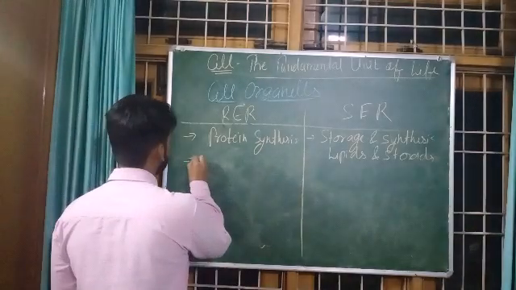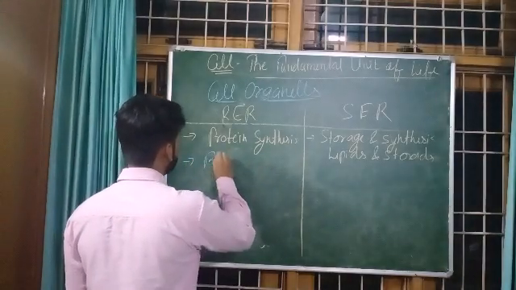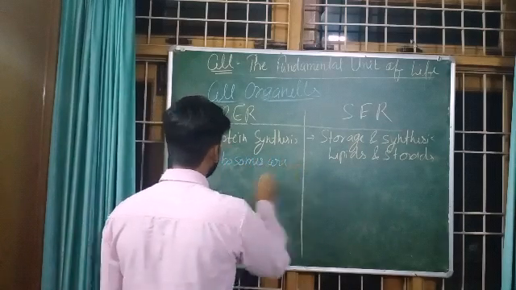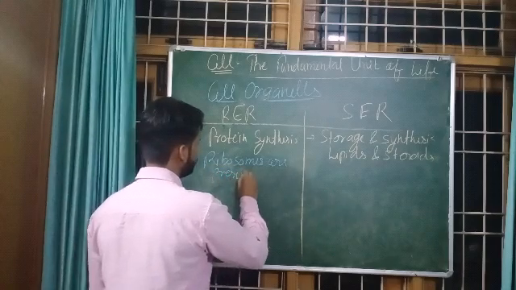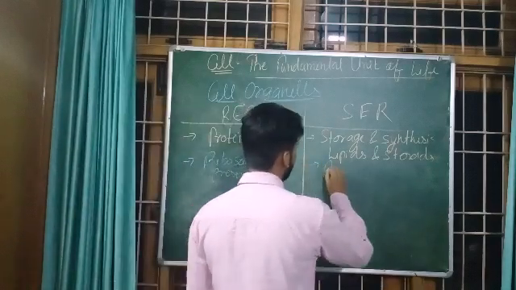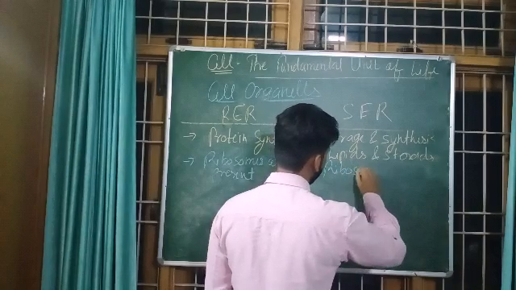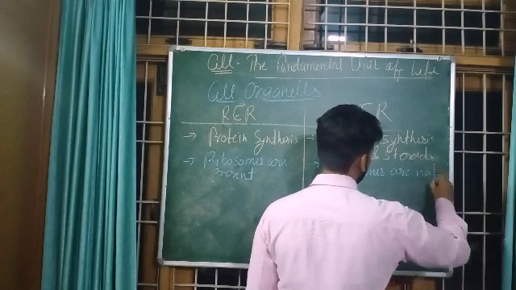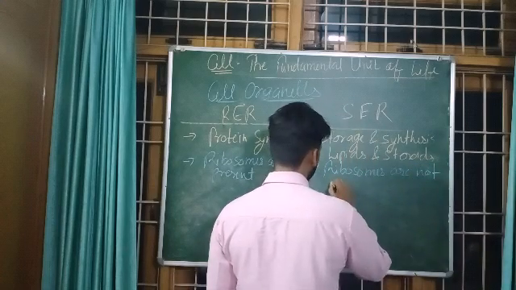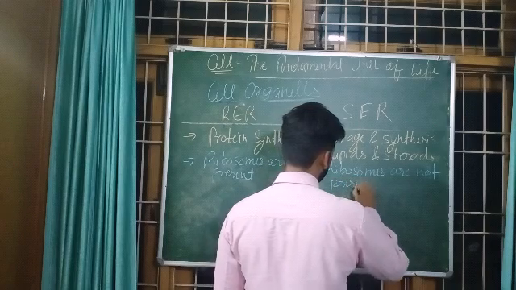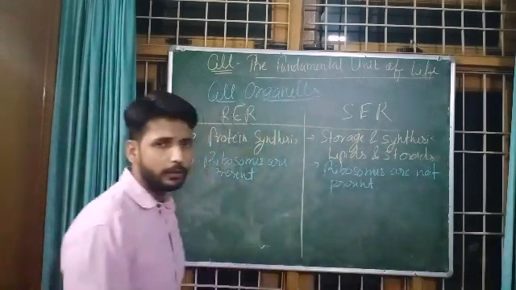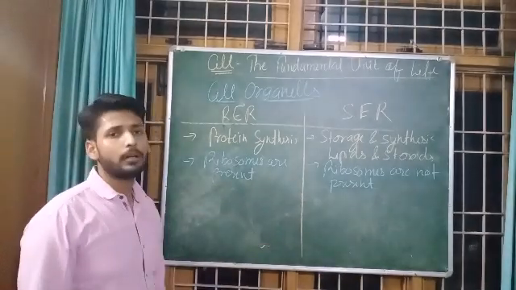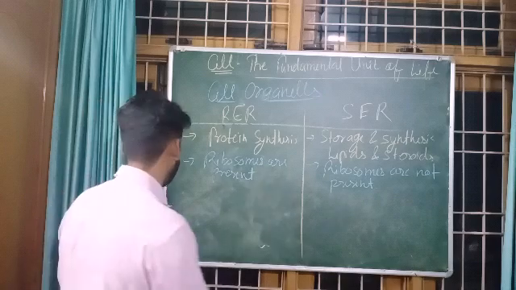So the next point is: ribosomes are present here, and ribosomes are not present there. Got it? Here ribosomes are present and there ribosomes are not present.